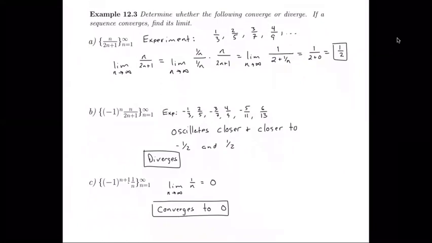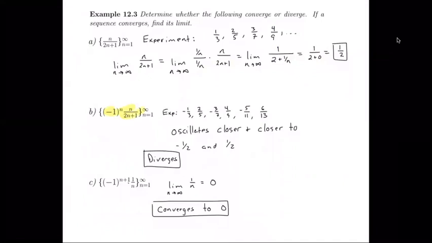We'll see that a bit later. For now, let's just keep learning how to handle these sequences sort of naively. So (-1)^n times n over 2n plus 1.